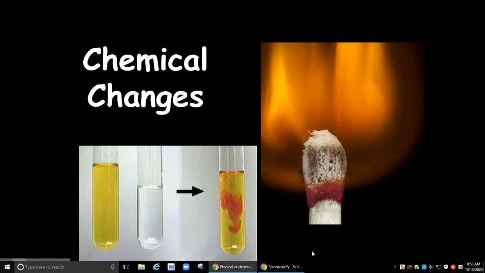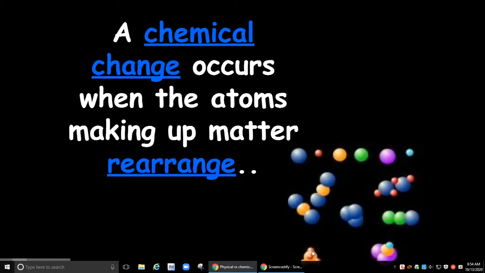So again, to review, physical changes are just changes in the appearance of an object or a substance, but chemical changes are something a little bit different. A chemical change occurs when the atoms making up the matter rearrange. And so, like we've shown in chemical equations, the atoms of two substances will break apart, rearrange themselves, and create new substances on the right side of the equation, the product side.